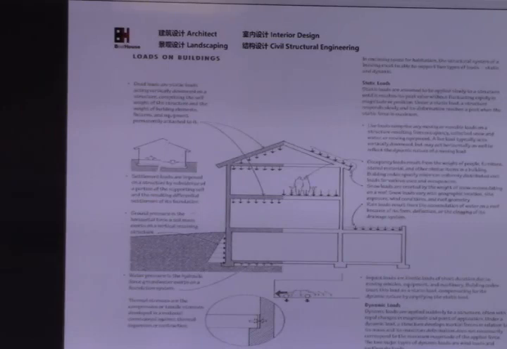And there's another one, dynamic load. Dynamic load means it's not applied slowly, it's suddenly applied to the building. So I will ask the question: what kind of dynamic load do you know that is very typical?